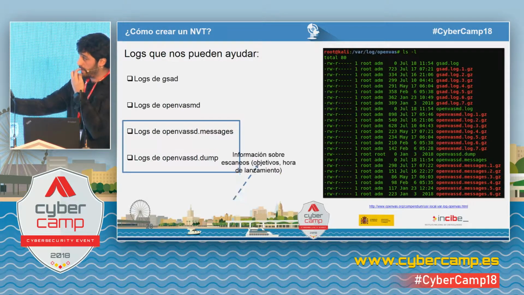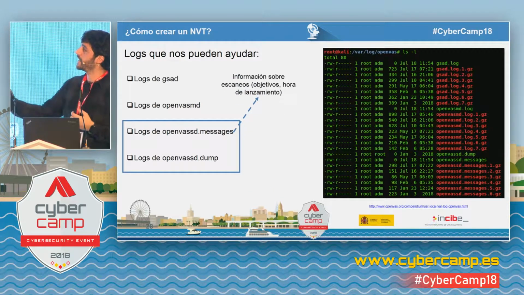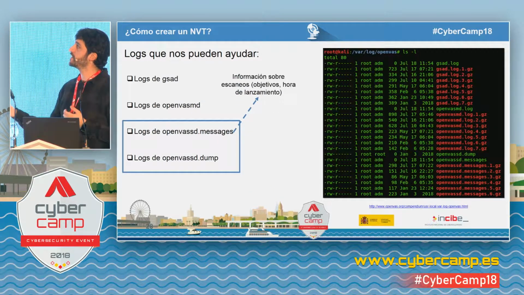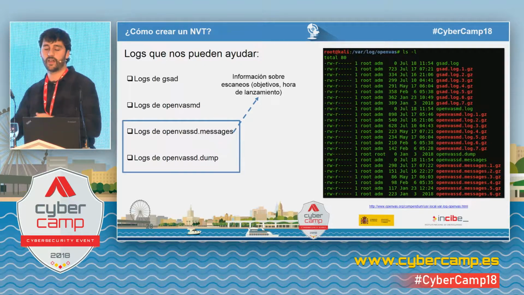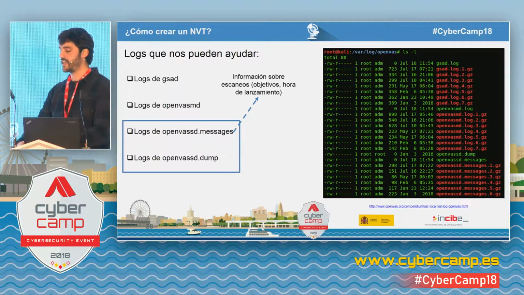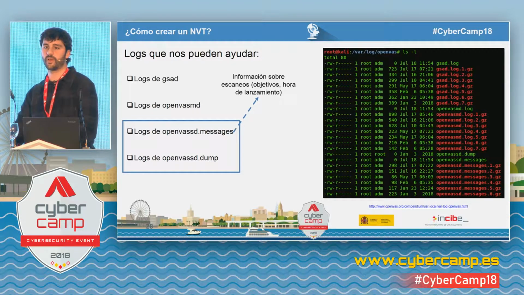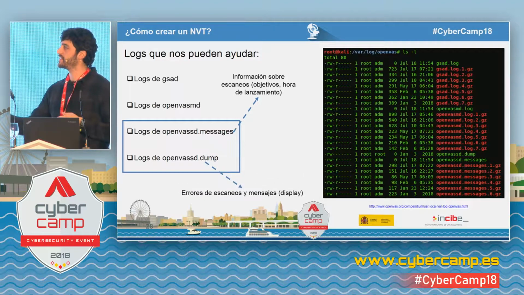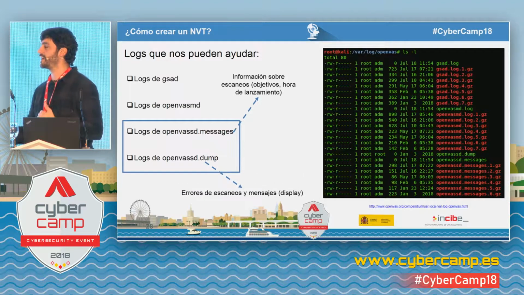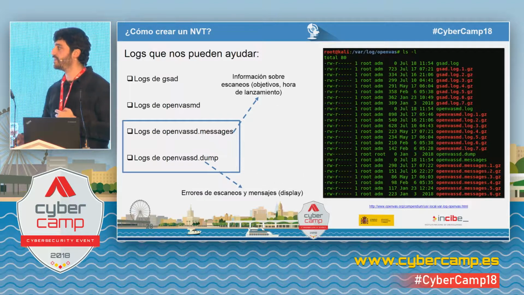So what are helpful logs? Well, these two ones at the bottom are very helpful, because here in OpenVAS the messages we will have information about objectives, the time where the INVenT was launched, but the most important one will be the OpenVAS dump.